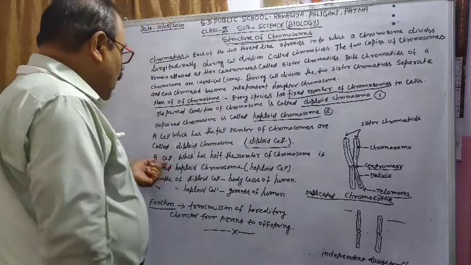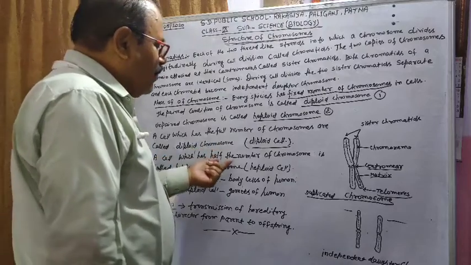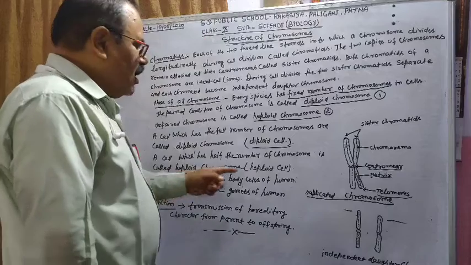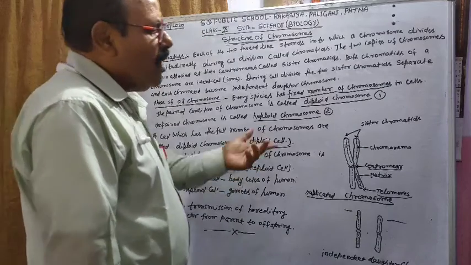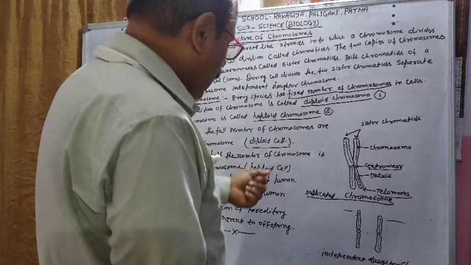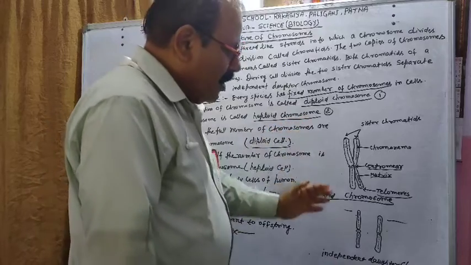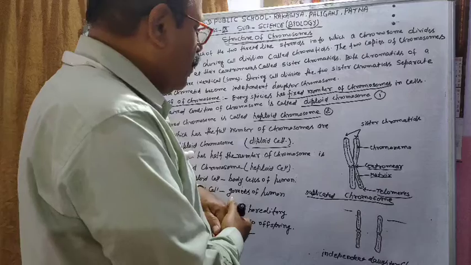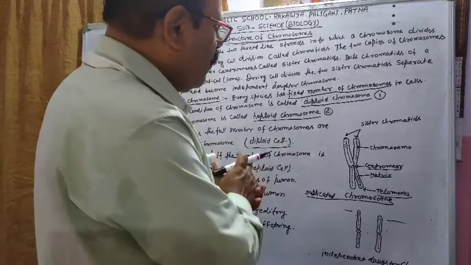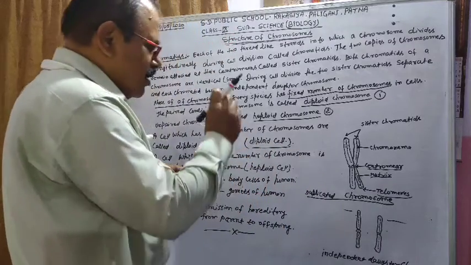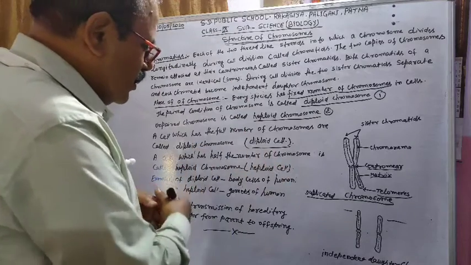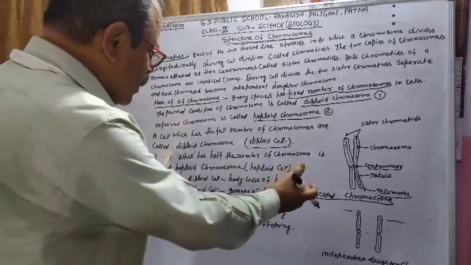A cell which has half the number of chromosomes is called a haploid cell. As an example, the gamete, the reproductive cell of human beings, has half the number, 23 chromosomes. That is haploid.